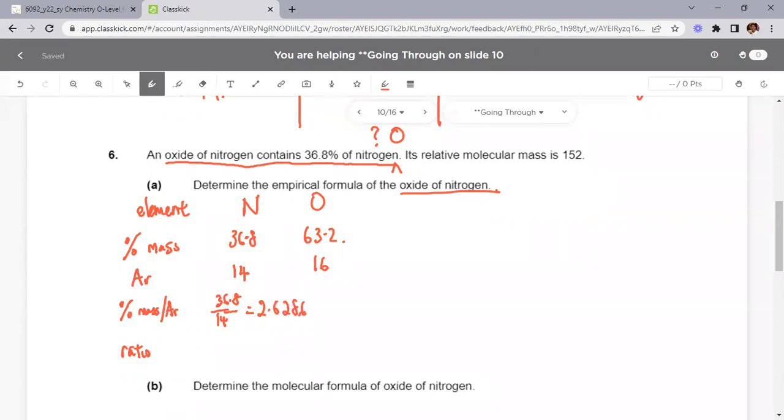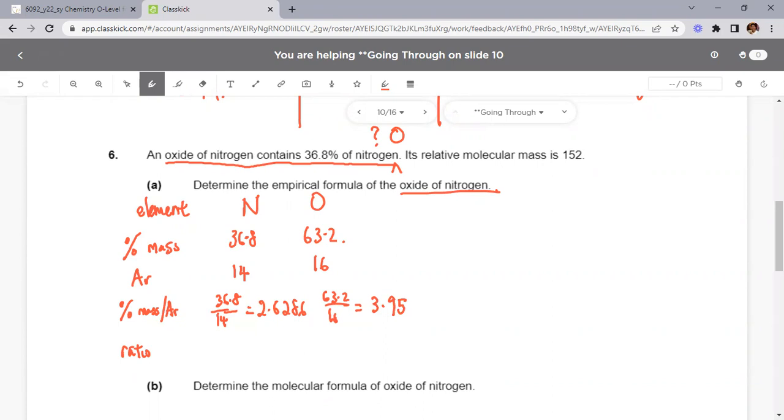Okay, that's for nitrogen. For oxygen, it is 63.2 divided by 16. I'm going to get 3.95. So you realize now the numbers are not so pretty, not so nice.